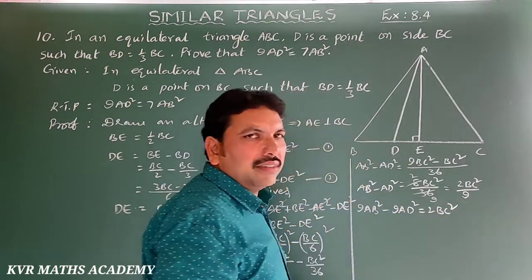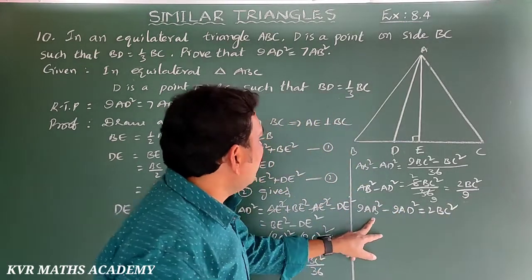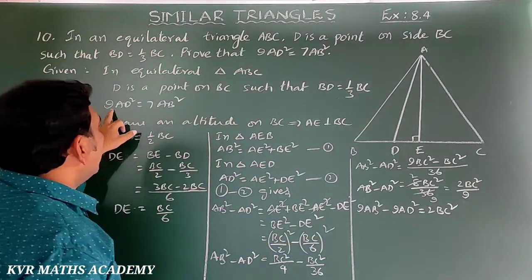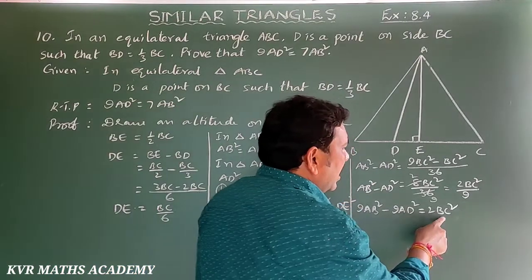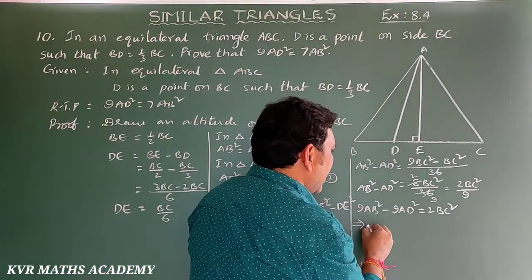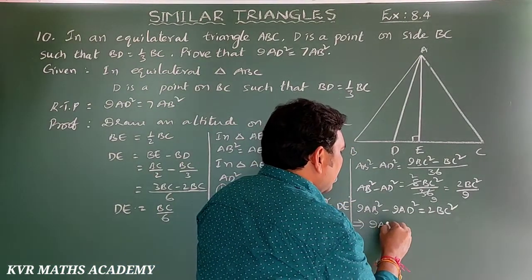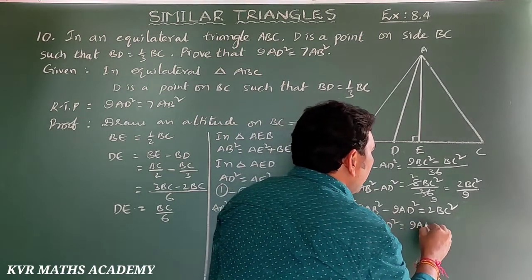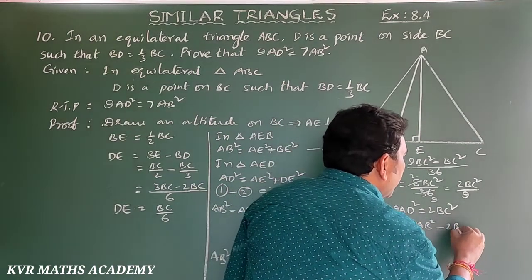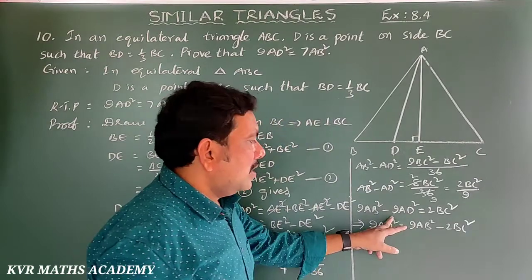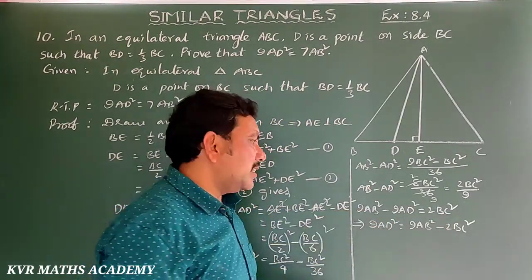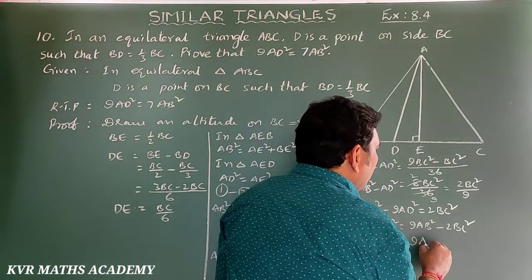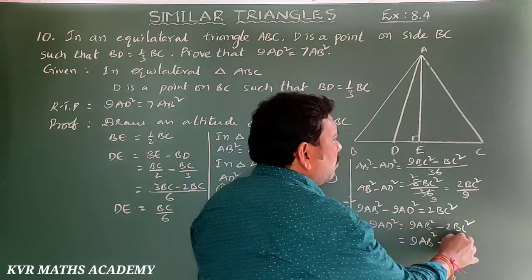What we have to prove is 9AD square is equal to 7AB square. So transferring terms, 9AD square is equal to 9AB square minus 2BC square.